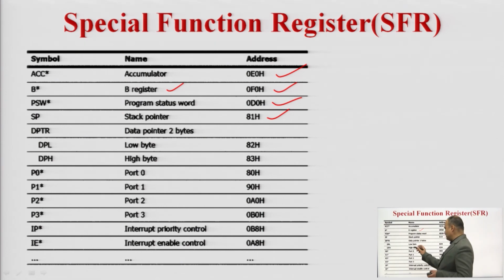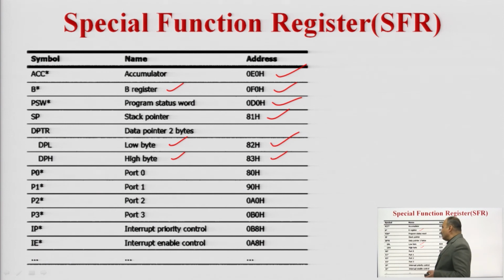DPTR is a 16-bit register, a data pointer 2-byte register. Why 2-byte? It is a 16-bit register. Then it is divided into two parts, that is DPL, the low byte 8-bit data pointer register, the address is 82H, and DPH, the high byte data pointer register, the address is 83H.